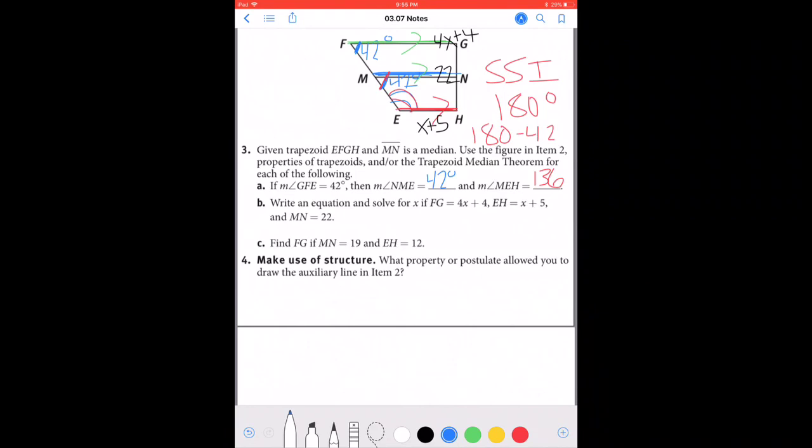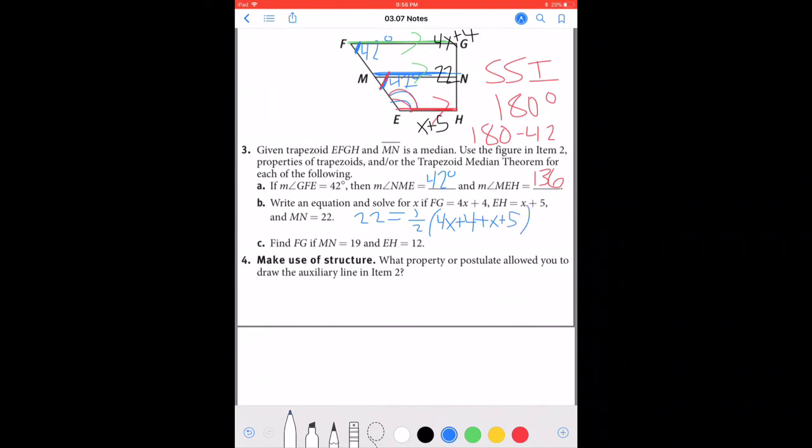So the length of the median is 22 equals the average of our two bases, so that's 1/2 of, and then we can plug in our bases, so 4x plus 4, and then plus the second base, which is x plus 5.